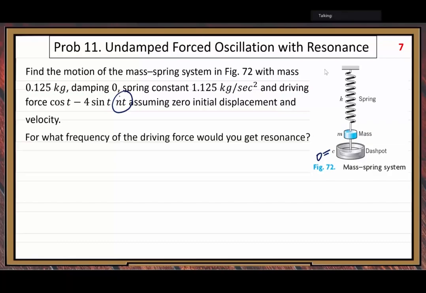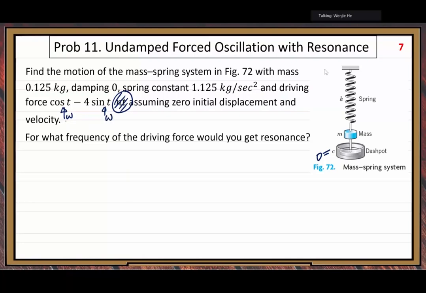Therefore, what frequency of the driving force? Because if this is the driving force, we should add omega t, right?